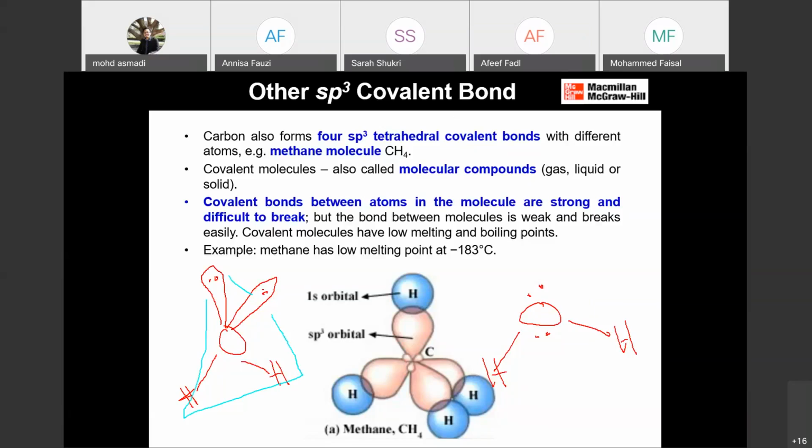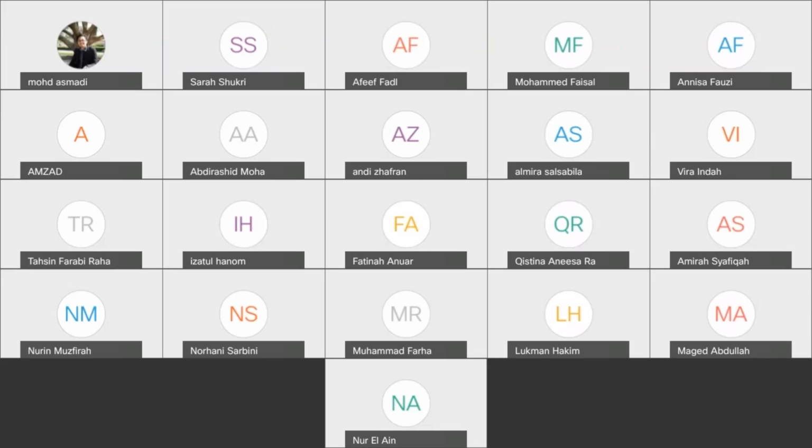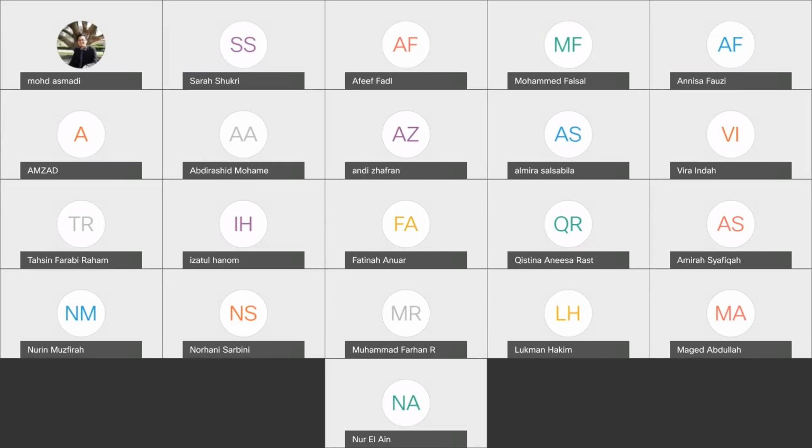I will show you a table. This is the general arrangement for various numbers of pairs, or the geometry.